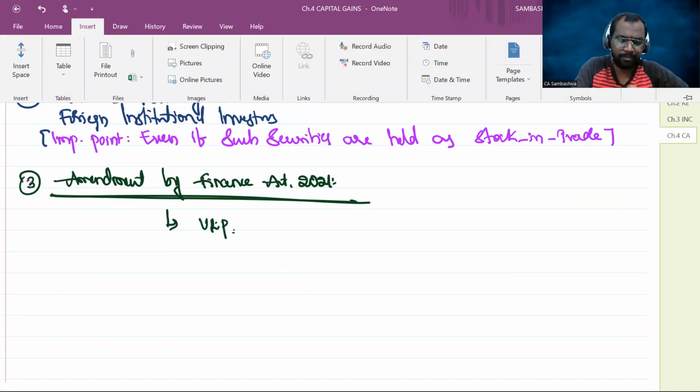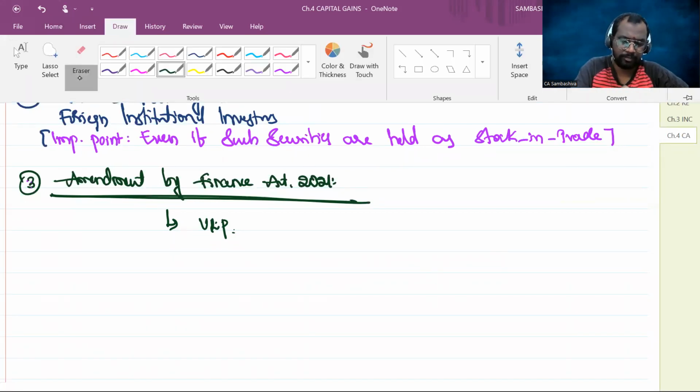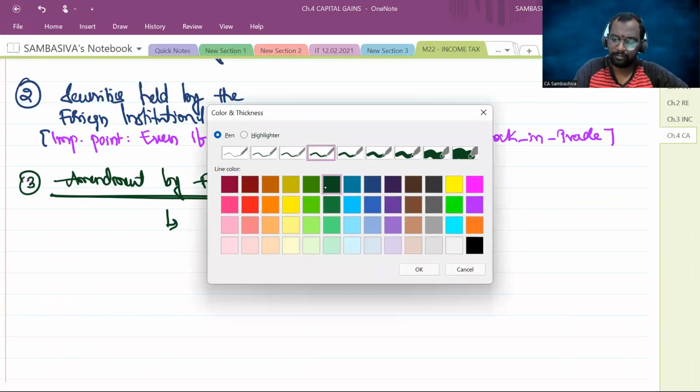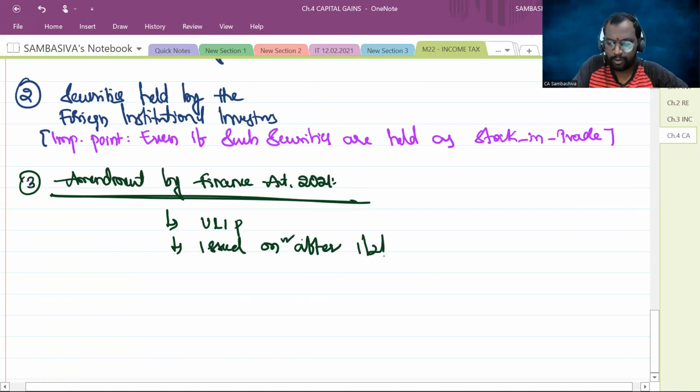And the second condition, it must be issued on or after 1st February 2021, and to which exemption benefit under section 10(10D) is not available.